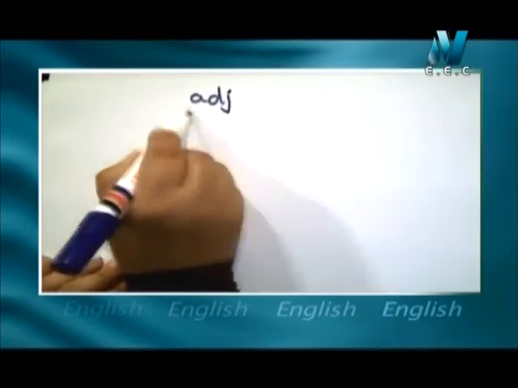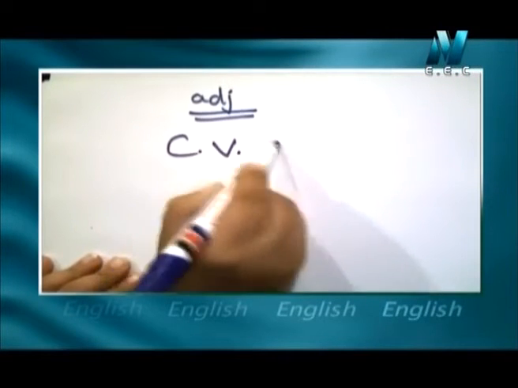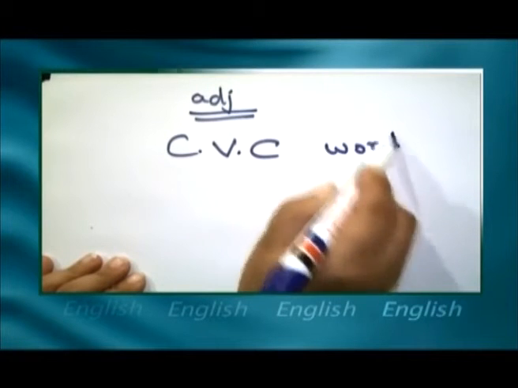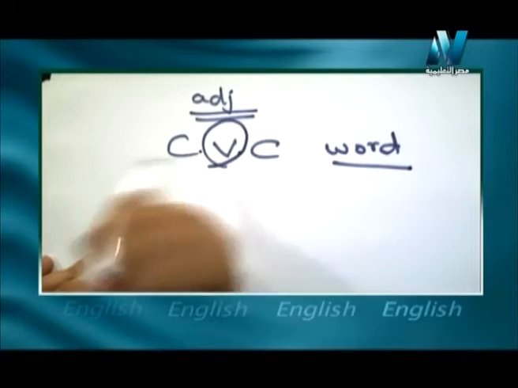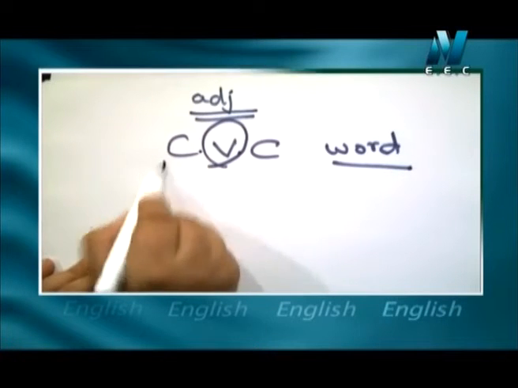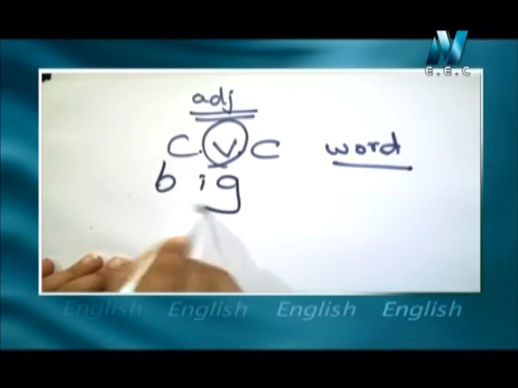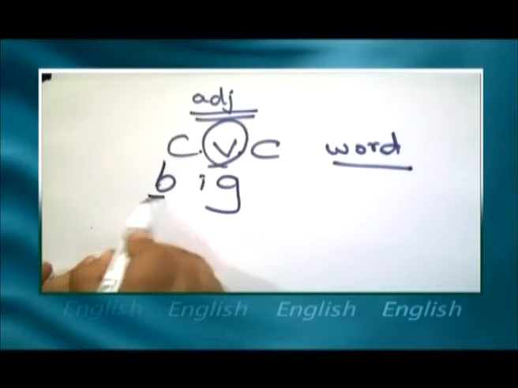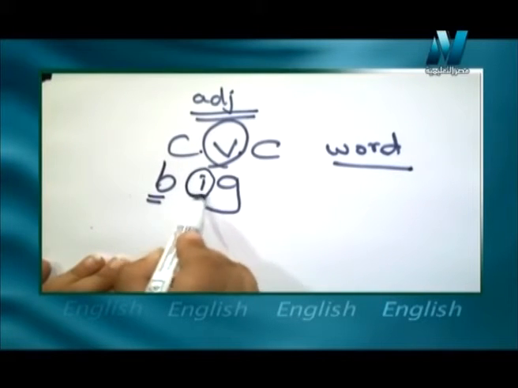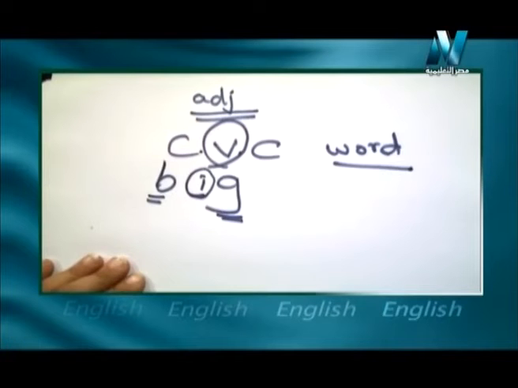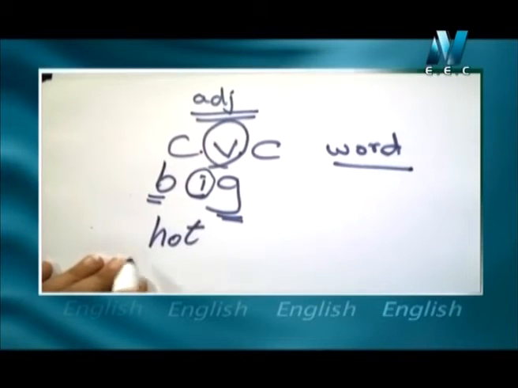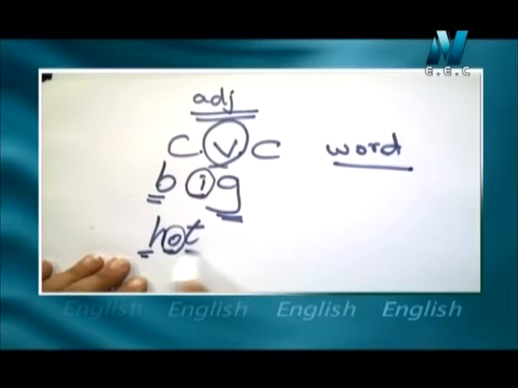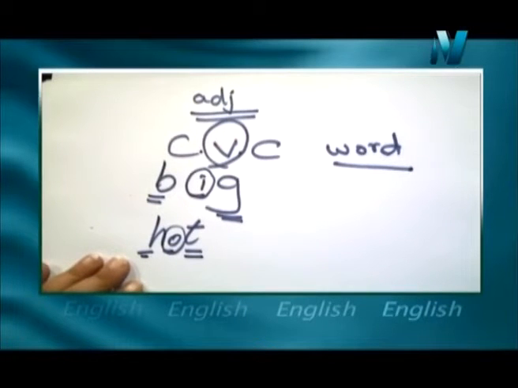When I have an adjective and this adjective is a CVC word, what's a CVC word? It means we have a vowel in the middle. For example, big. Consonant, vowel from the 5 vowels, and then consonant again. Hot. Consonant, vowel, and then consonant again.